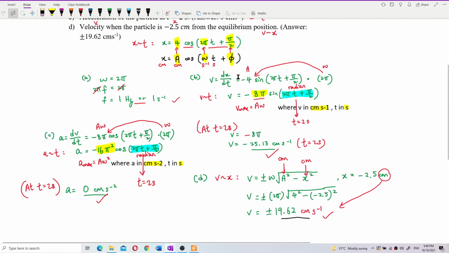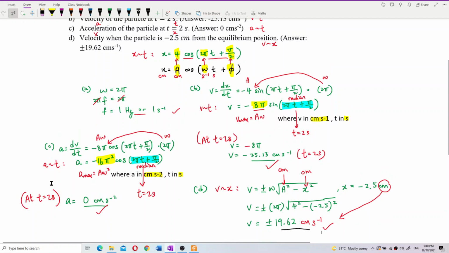Differentiate the velocity time, you get acceleration. And the velocity unit, acceleration unit always follow the displacement. If displacement is centimeter, the velocity also centimeter per second, acceleration also centimeter per second square. Okay, so that's it.